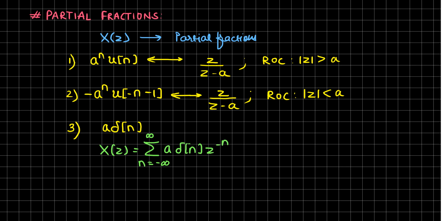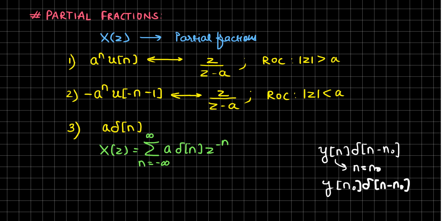Now by the sifting property of unit impulse, if any signal y of n is multiplied by unit impulse placed at n equal to n naught, then this signal picks up the value at n equal to n naught, that is y of n naught, scaled by the impulse n minus n naught.